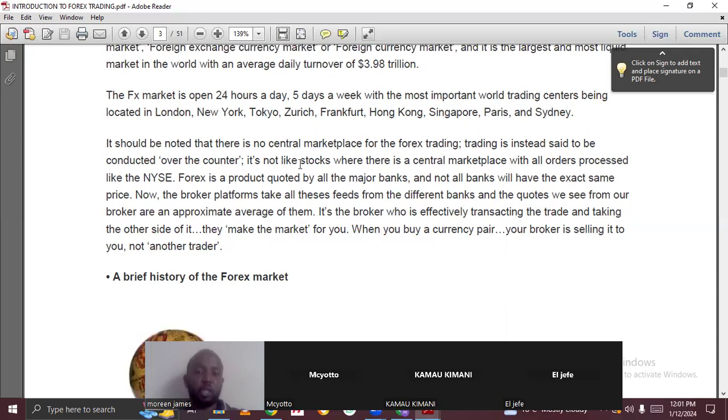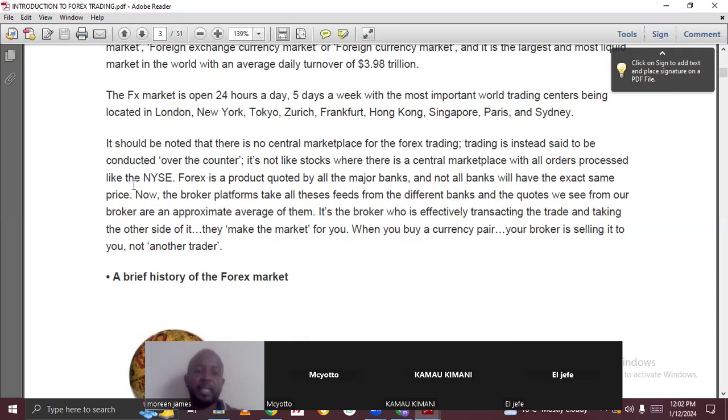It is not like stocks, where there's a central place. For example, here in Kenya, if you want to buy stocks, you have to look for a CDS account and go to the NSE trading floor. There's a central marketplace with all orders processed, for example, the New York Stock Exchange. But Forex is a product quoted by all major banks, and not all banks will have the exact same price.